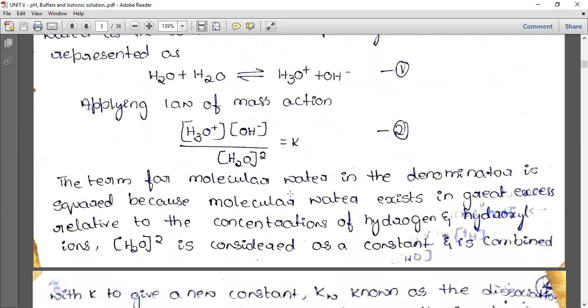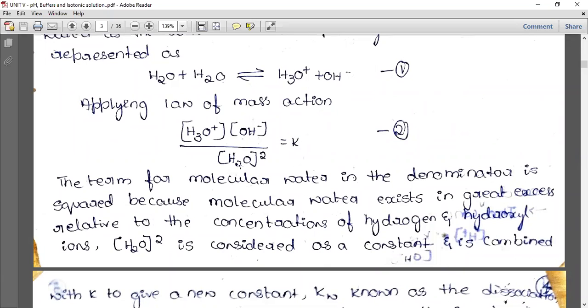The term for the molecular water in the denominator is squared because molecular water exists in much greater concentration when compared with the relative concentration of hydroxyl ion as well as hydrogen ion. So we combine these together, that is K along with H2O whole twice, and call it a constant.